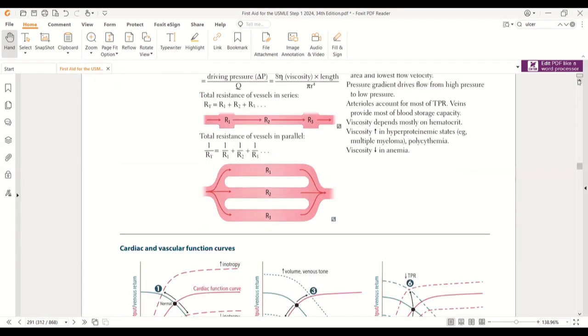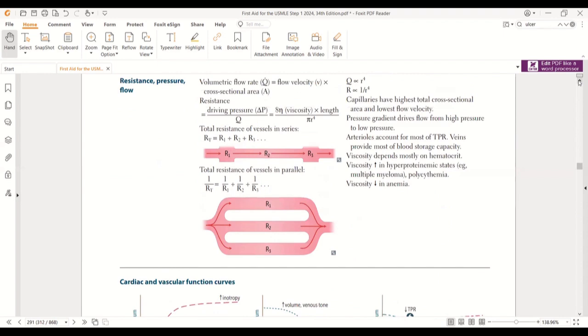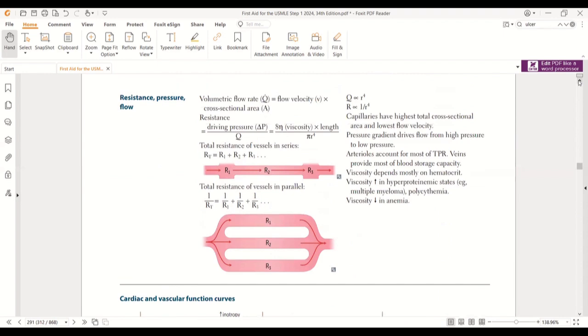Okay, now the revision of resistance. Resistance is basically the obstruction or opposition to the flow of the blood, right?